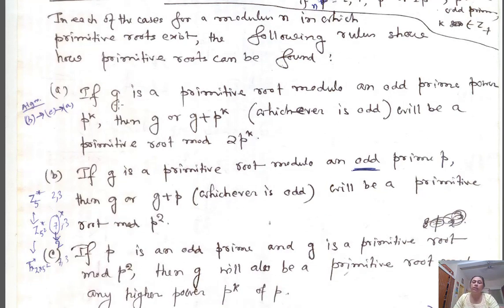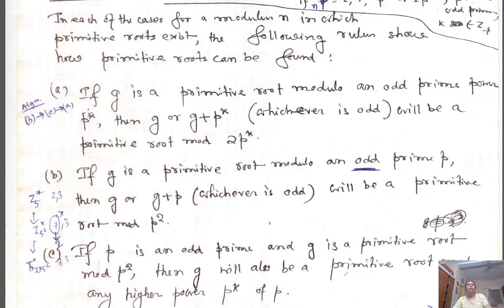Okay, so if G is a primitive root modulo an odd prime power p to the power k, then G or G plus p to the power k, whichever is odd, will give you the primitive root modulo 2 times p to the power k.